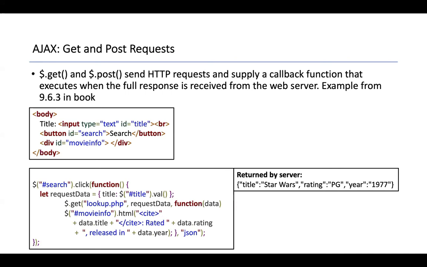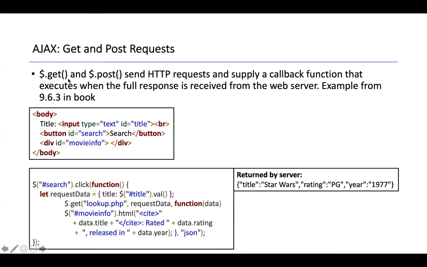So GET and POST essentially package up that open command, that send command, the load where you called the event listener to associate a callback with the load event. It basically packages all that into a single function call.